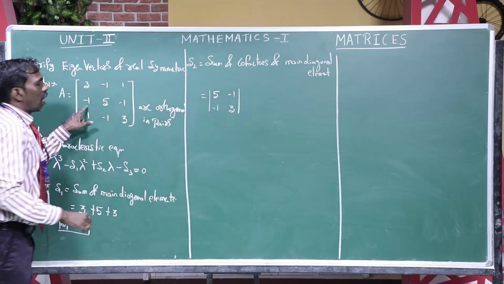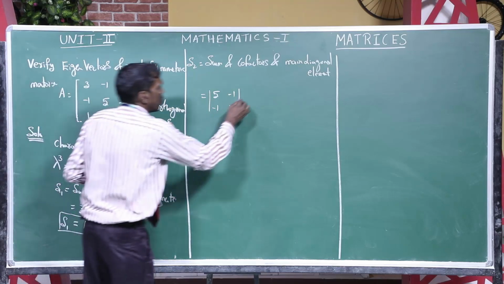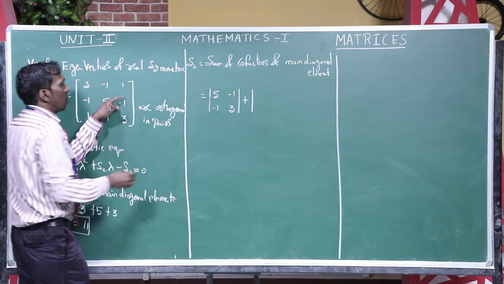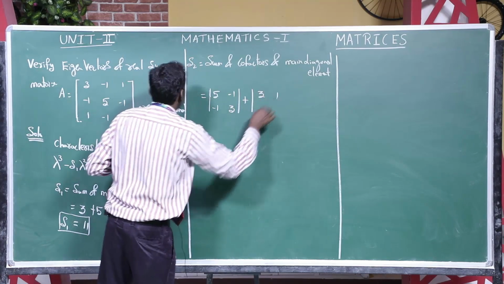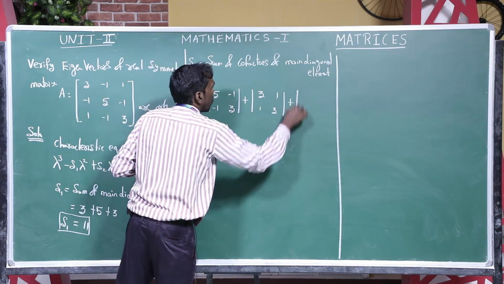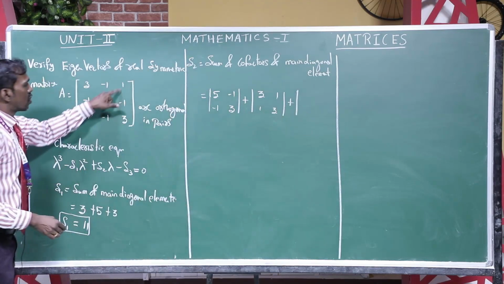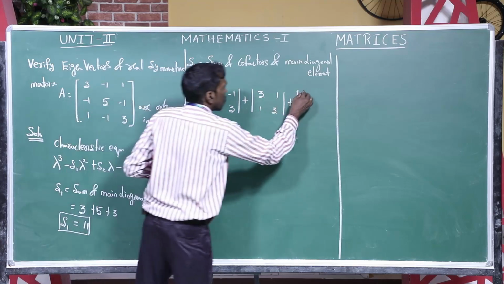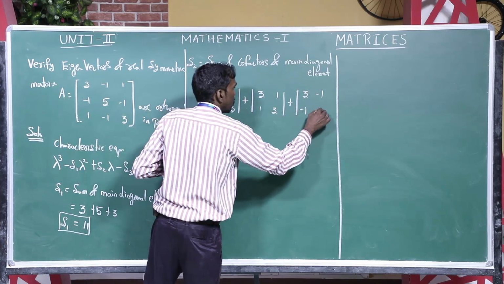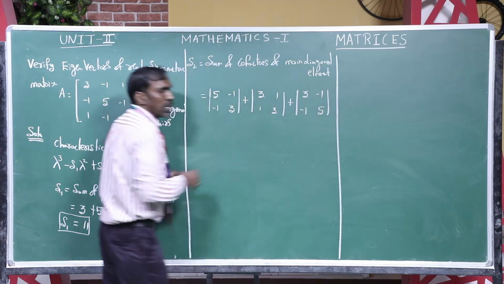Then leave out the second row and second column, with a plus sign because we sum: 3, 1, 1, 3. Next leave out the third row and third column: 3, minus 1, minus 1, 5. You have to find the determinant of each of these.